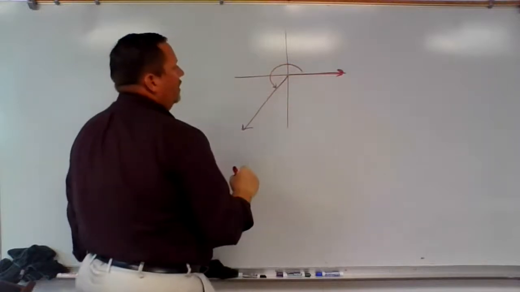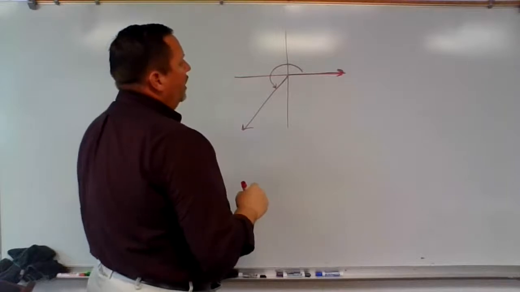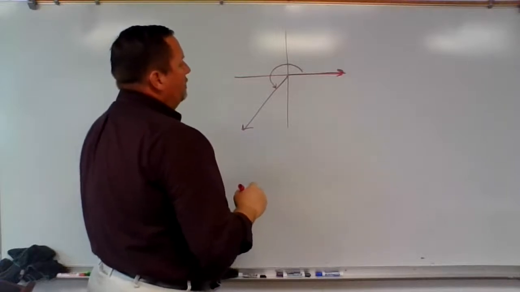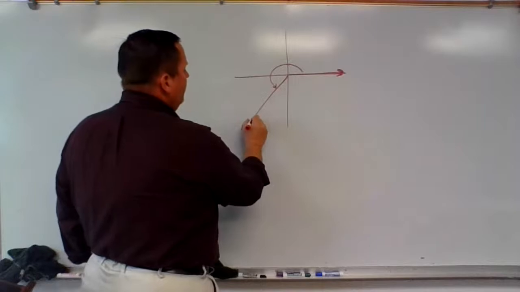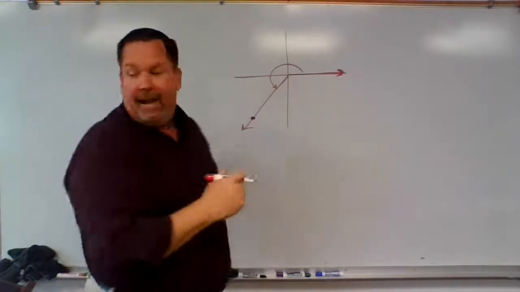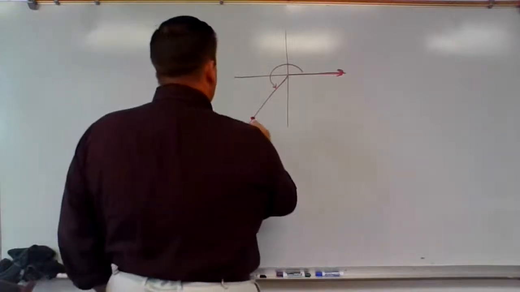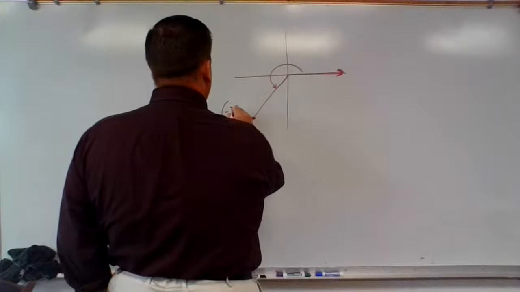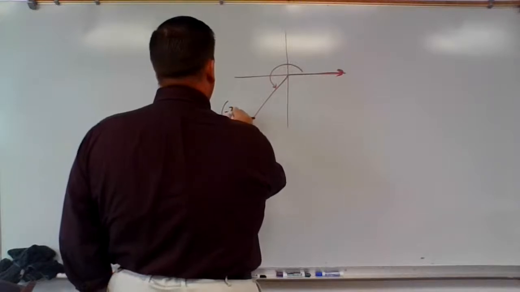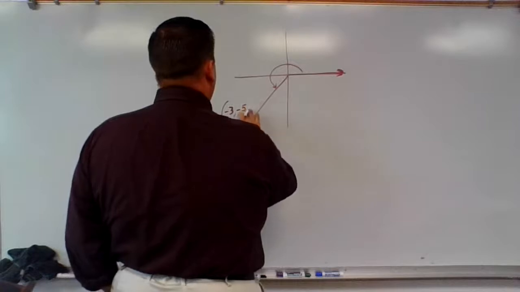This is our angle. It's an unknown angle. We can call it theta. We can call it T. And here's a point that my terminal side passes through. Taking this one from the book, it is (-3, -5).